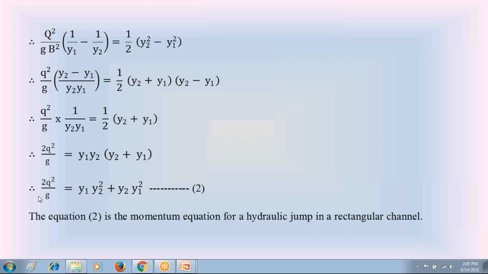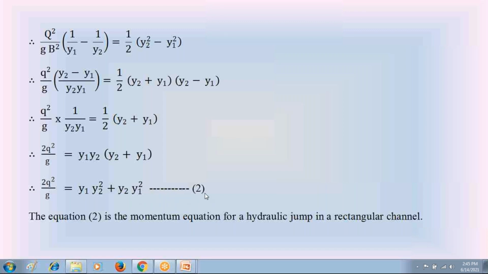This equation 2 is a quadratic equation because we have y1 square, y2 square. The importance in equation 2, please listen everyone: the equation 2 is a quadratic equation in terms of depth y1 because we have y1 square.